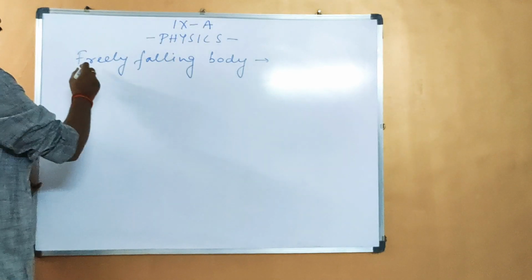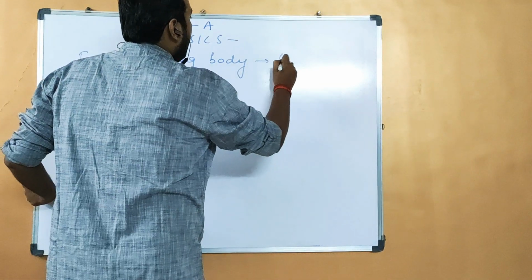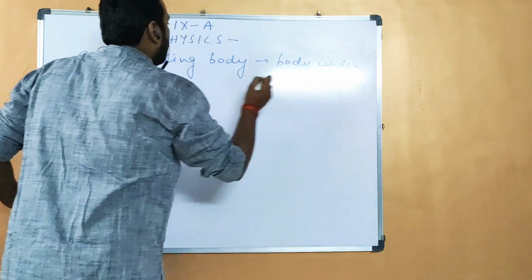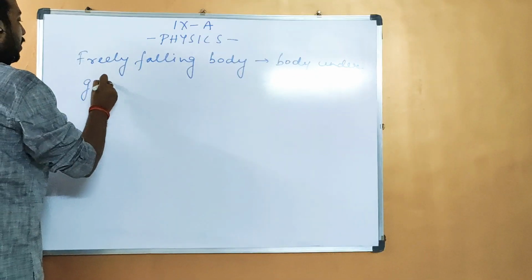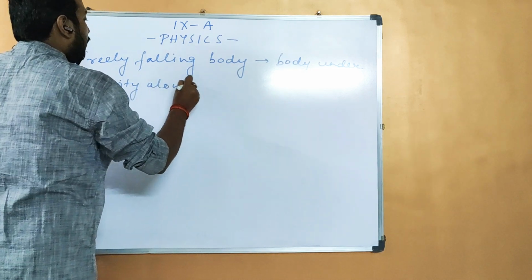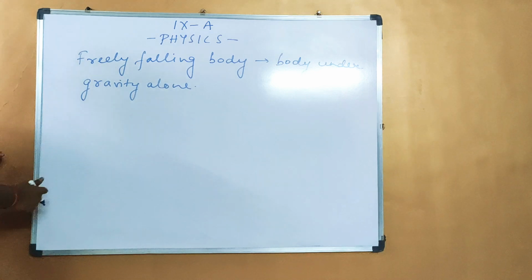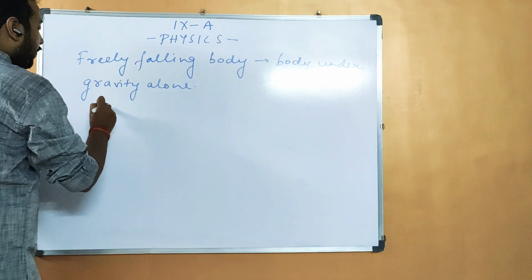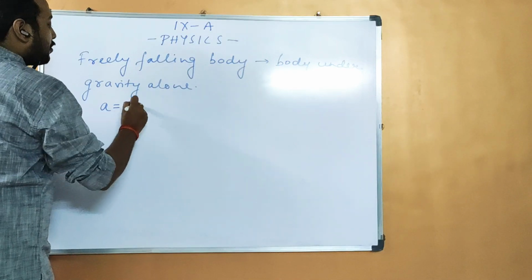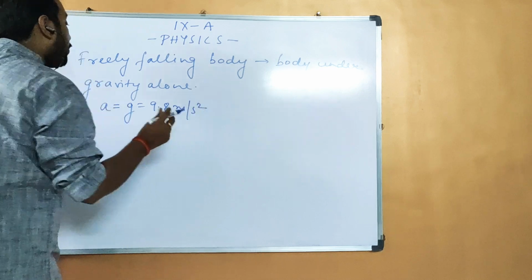As you already know, a freely falling body means a body under gravity alone. During free fall, the acceleration of the body is equal to g, that is 9.8 meter per second square.